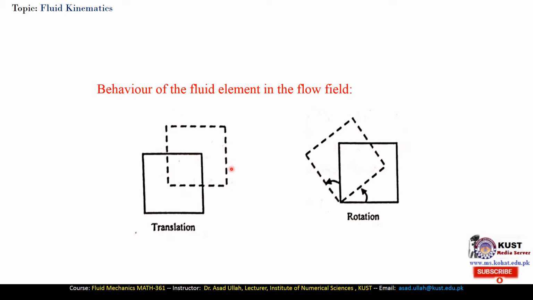So different types of deformations occur inside the fluid as the fluid flows. Number one, the translation, that is the translation occurs inside the fluid from one point to another point. Number two, the rotation can also occur inside the fluid.